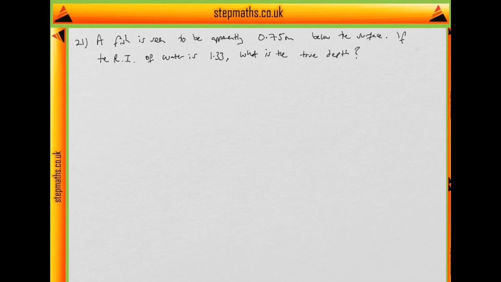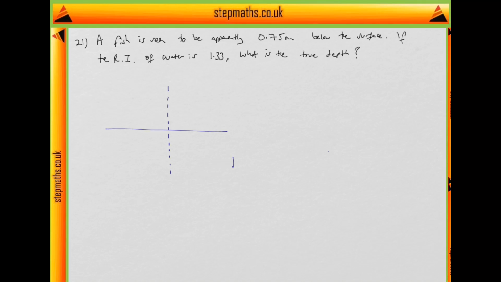So in question 21, we're told that a fish is seen to be at an apparent depth of 0.75 meters. And we're told that the refractive index of water is 1.33. And we're asked what is the true depth of the fish. Okay, so let's draw this. So here's our water interface, and here's our normal. So let's just draw our fish here.